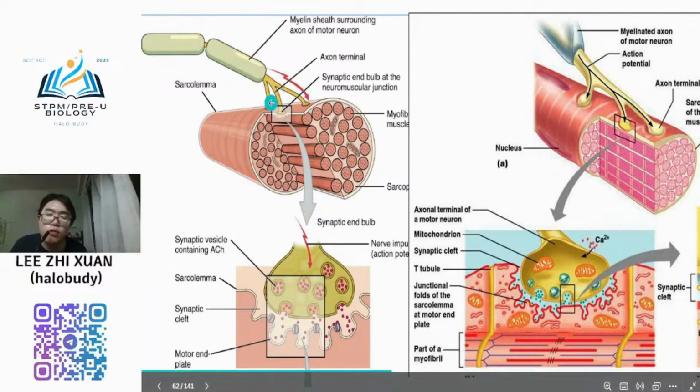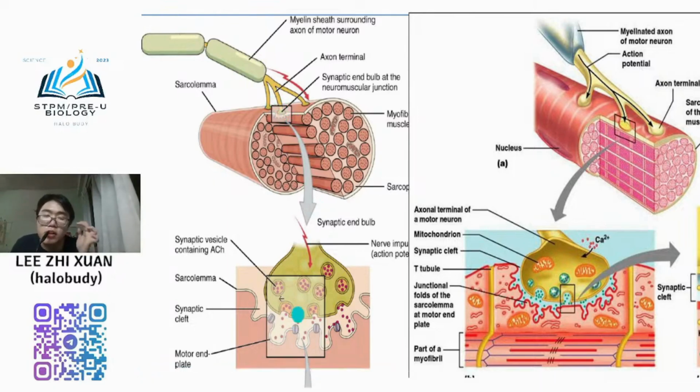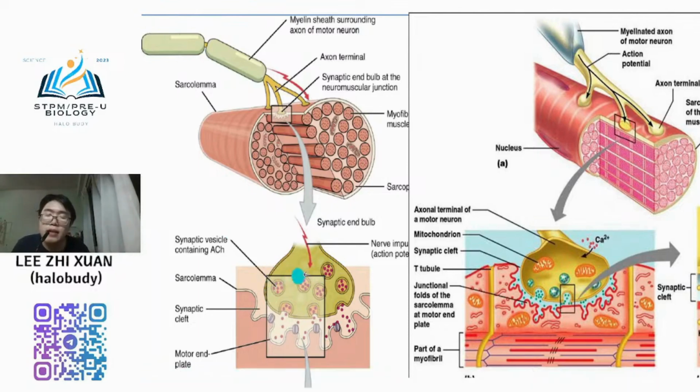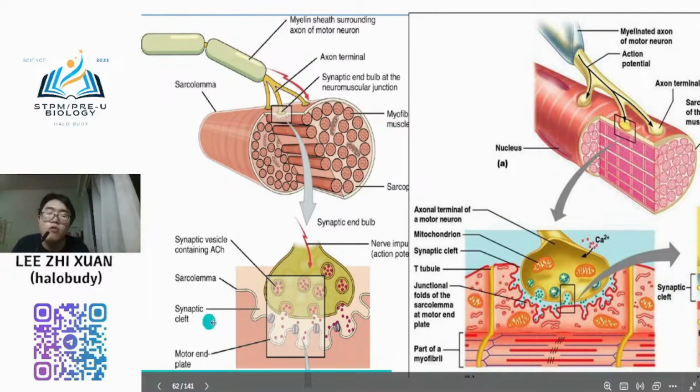When you enlarge this structure, you will get this kind of structure. The upper part is like the synaptic knob, like the presynaptic neuron that you see in synapse. But for now, the lower part is not a neuron already. The lower part is muscle tissue.